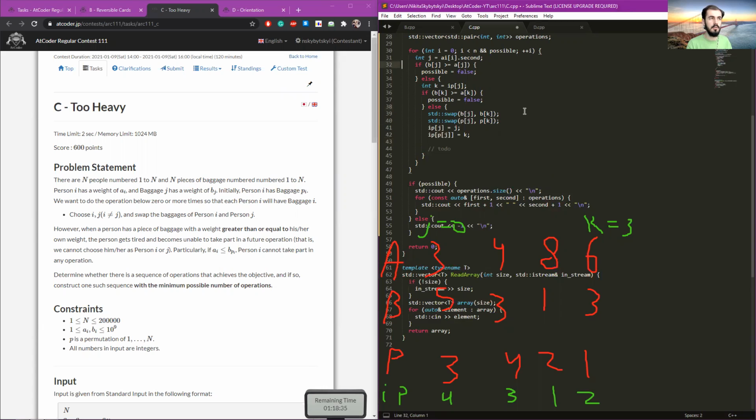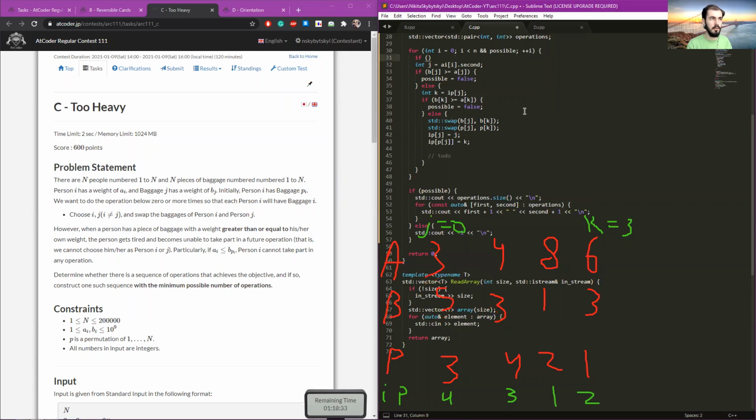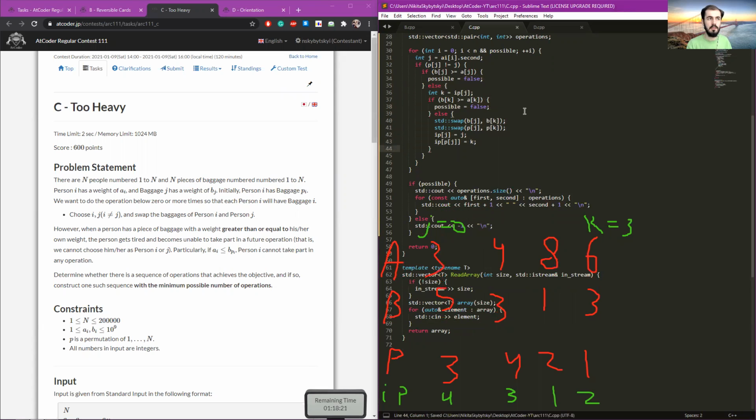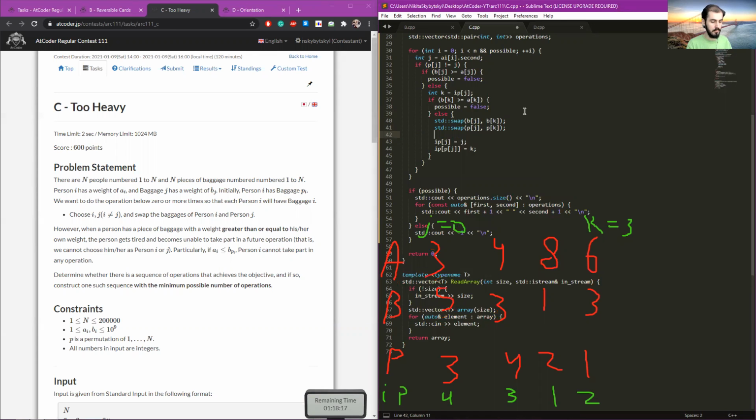I think so. And also, we only need to do this if p of j not equals j, because if it already equals, then we already solved the problem. We can ignore it. And I think that we also want to replace back a swap of j and k.